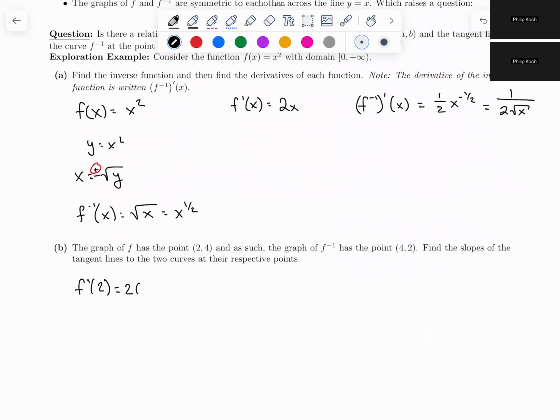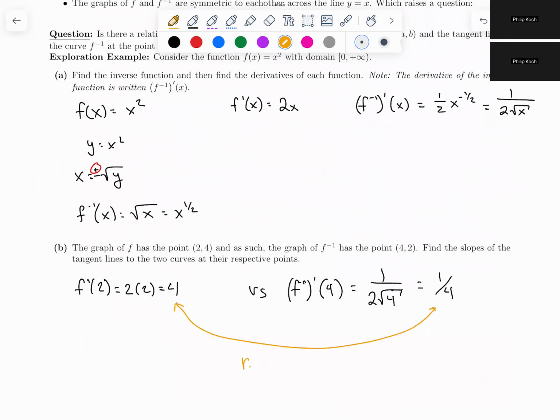That would be 2 times 2, which is 4, versus f inverse prime of 4, because we're talking about the point on the curve. 2 comma 4 is not on the curve of the inverse function. 4 comma 2 is on the graph of the inverse function. So if I plug in its x value of 4, I get 1 over 2 square root of 4, which is 1 over 2 times 2, which is 1/4. Huh. Reciprocals of each other.